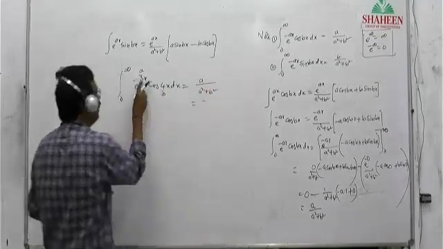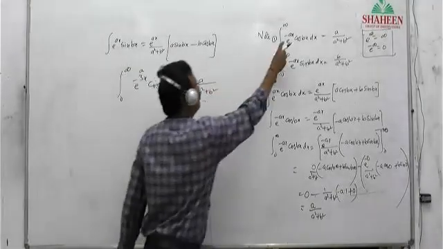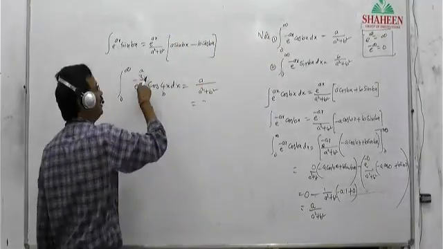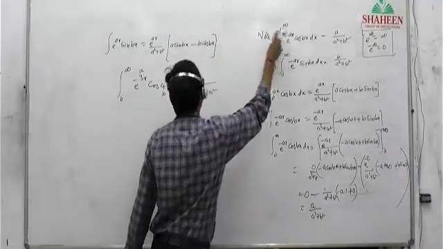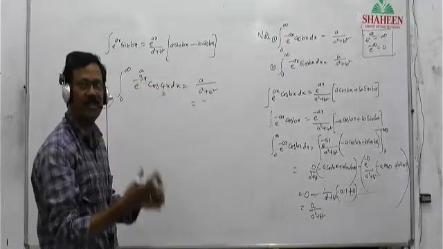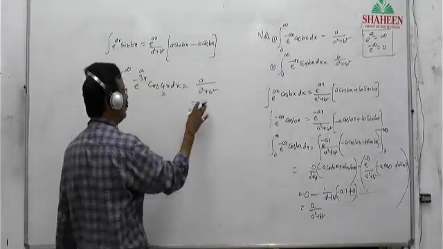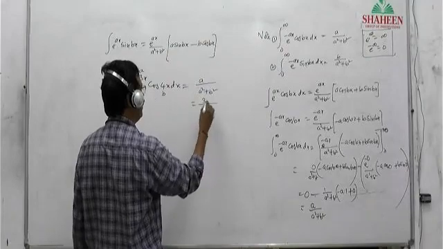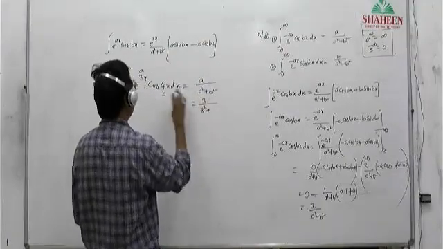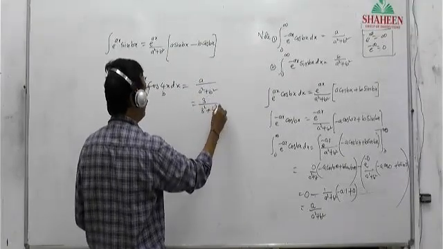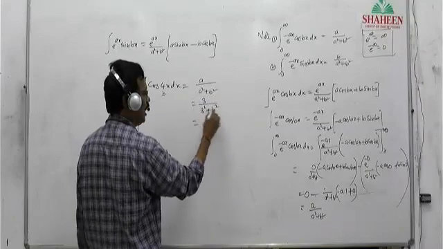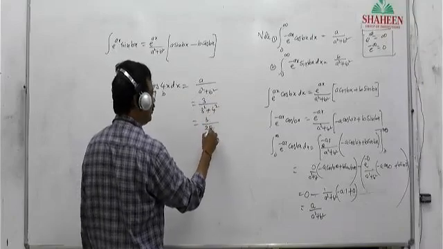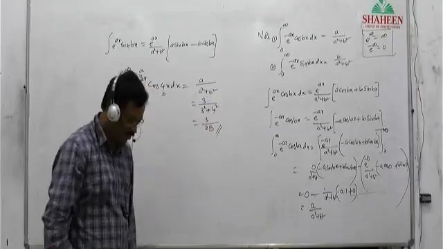Not minus 3, because minus a is equal to minus 3, so a is equal to 3 only. Don't write minus 3. So 3 by 3 square plus 4 square, that is 3 by 9 plus 16, which is 3 by 25. Is it okay, all of you? Very simple.